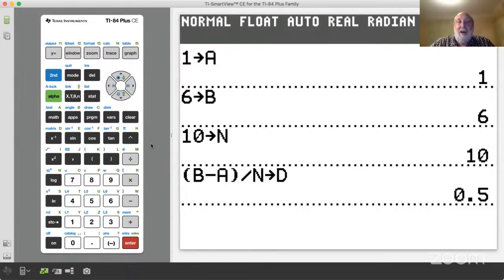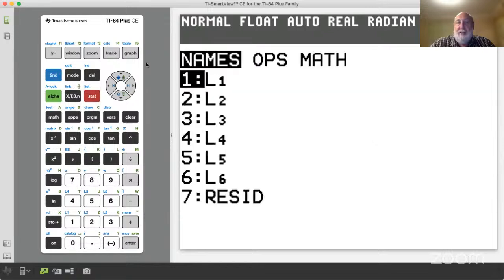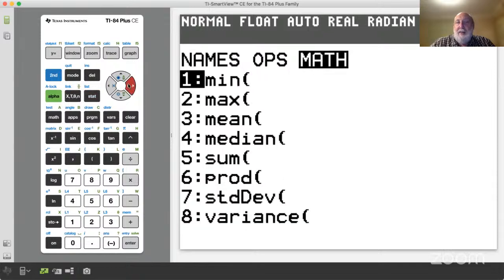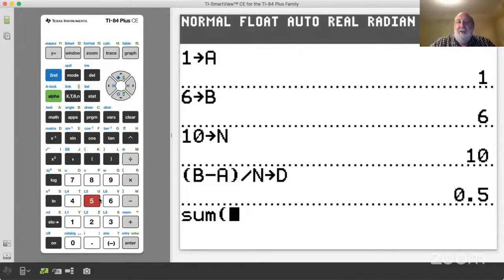Okay, so what's a left Riemann sum going to look like for this function? Well, for that, we're going to want to go to our list thing again and actually go to math and we'll do a sum. Okay. So I'll pull up number 5. There's sum.